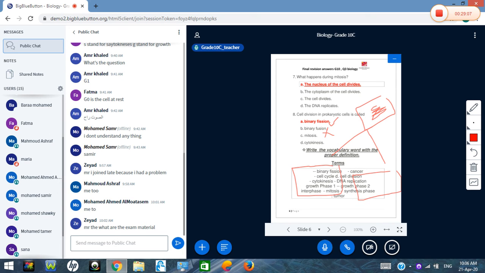The two new cells are identical to each other and identical to the parent cell. After the division, the parent cell disappears.